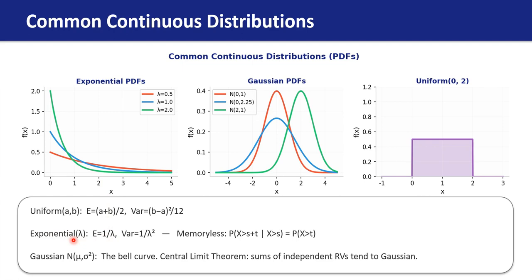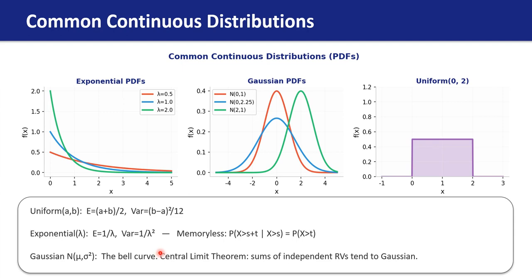This distribution models waiting times: f of x equals lambda e to the minus lambda x for x greater than or equal to 0. The mean of this distribution equals 1 over lambda. The variance equals 1 over lambda squared. This is the continuous version of the geometric distribution. Most importantly, the exponential has the memoryless property.